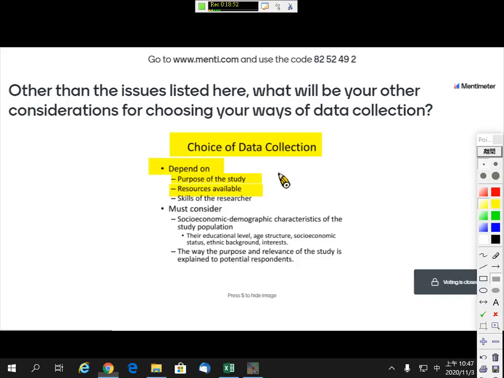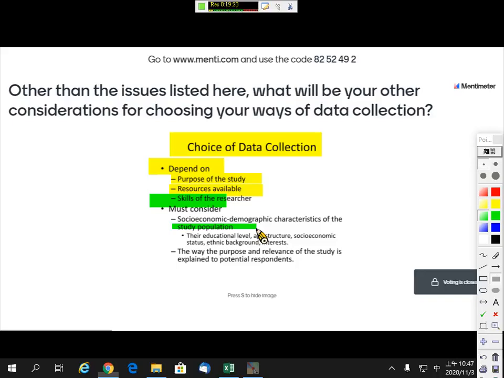And when you collect data, you have to consider social, economic, demographic characteristics of the study population. What are the targets you want to collect your data from? If you want to collect data from kindergarteners, then you have to design your research instrument according to their vocabulary levels, right? Okay?